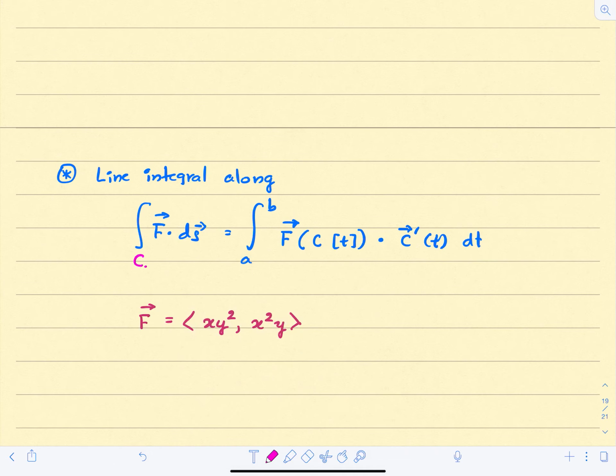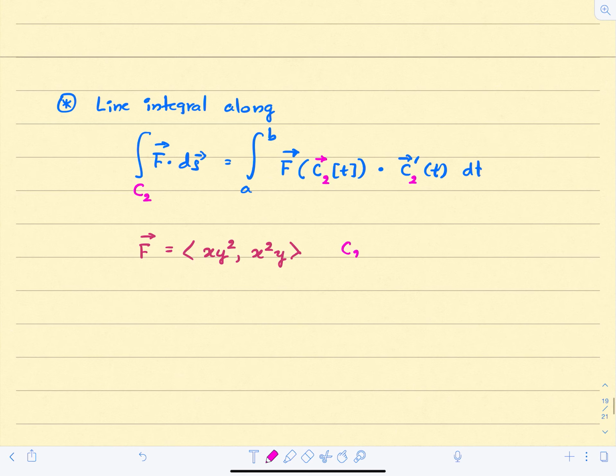This should be C2. C2 of t equals t comma t squared, and in this case t goes from 0 to 2.